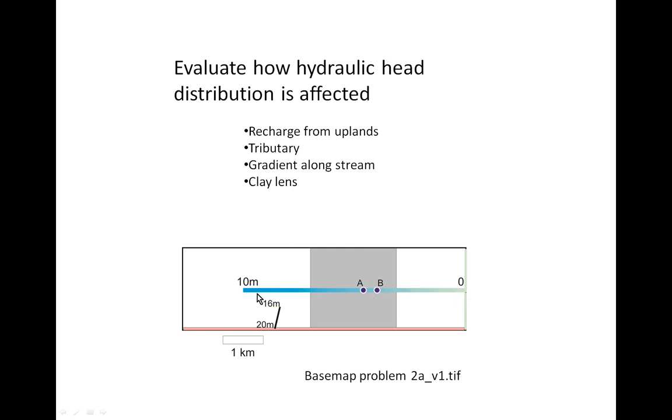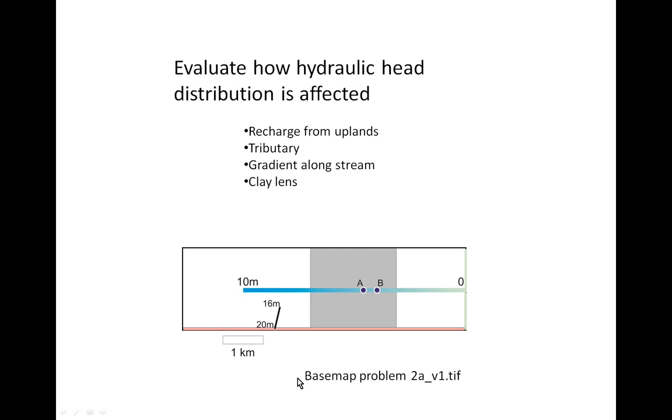It'll go from 0 to 10 meters. There's a tributary off to the side here. There'll be recharge from uplands that comes in here. And this will be a clay layer. And this will be a point where the gradient changes.